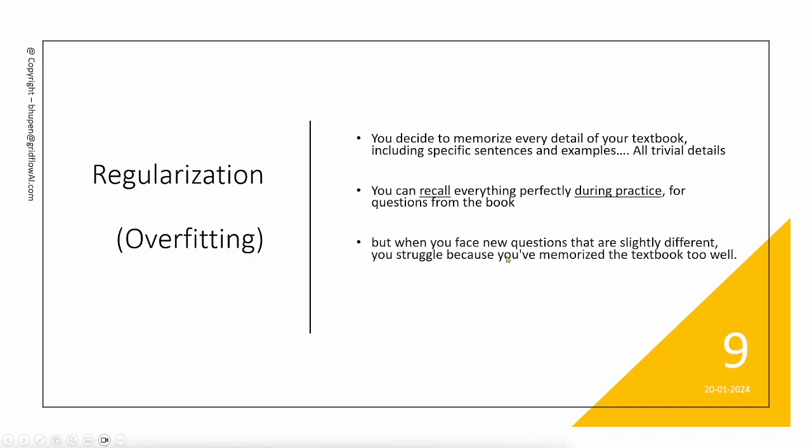But when you are faced with a new question that is slightly different than what you saw in the book, you will not be able to answer it properly, because you have memorized the book too well. And this situation is called overfitting in machine learning.